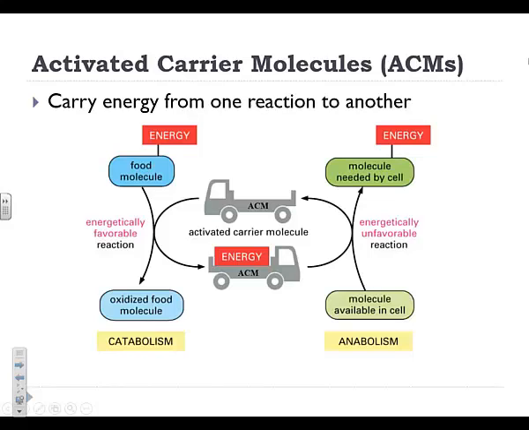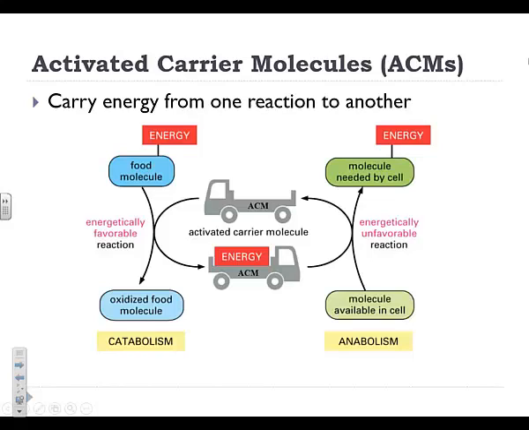And that's why we're able to get energy produced in the form of ATP, the phosphorylation of ADP to ATP in the catabolic reactions, whereas the anabolic reactions require and use up that energy.